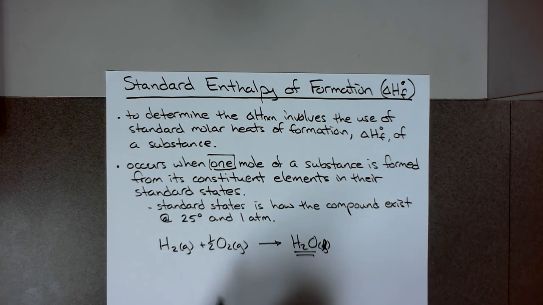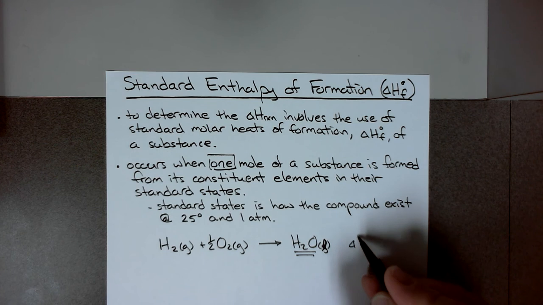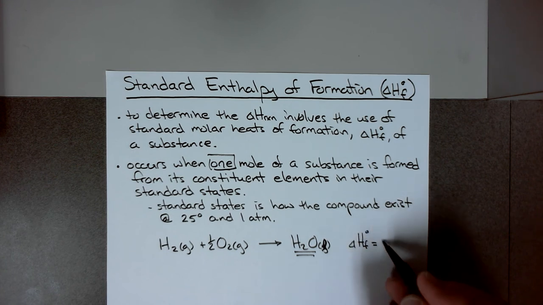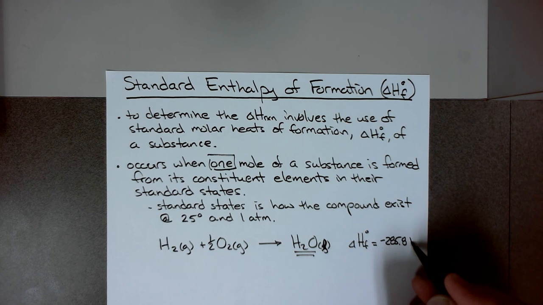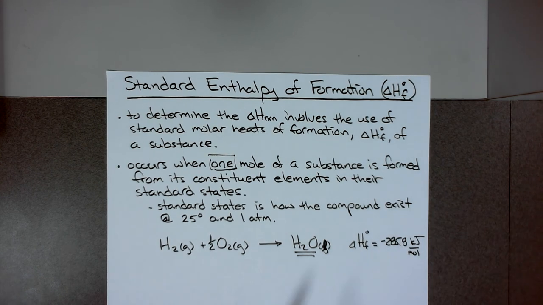Well, this reaction's delta H of formation has already been determined. It's got a value of negative 285.8 kilojoules per mole of that reaction. So when we are looking at other reactions that have liquid water involved in it, we can use this delta H of formation to determine the delta H of the reaction.